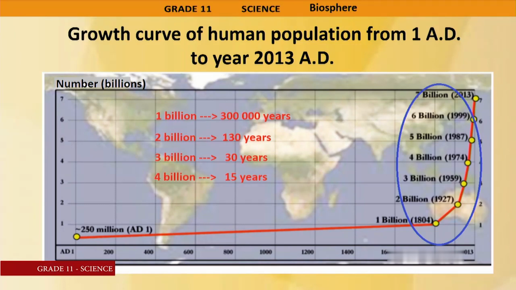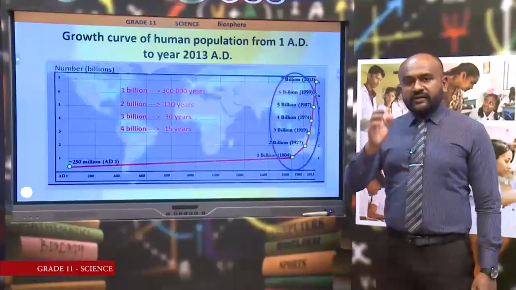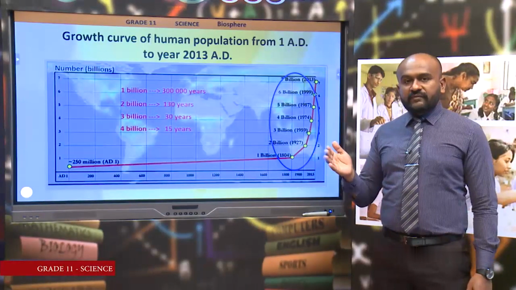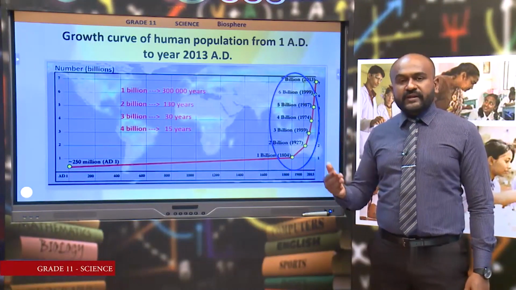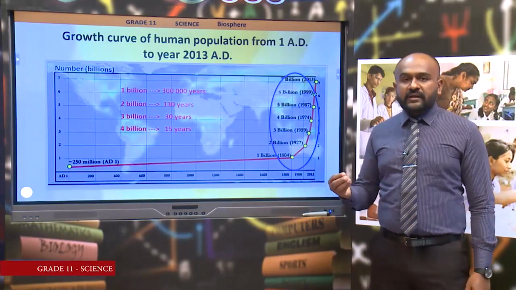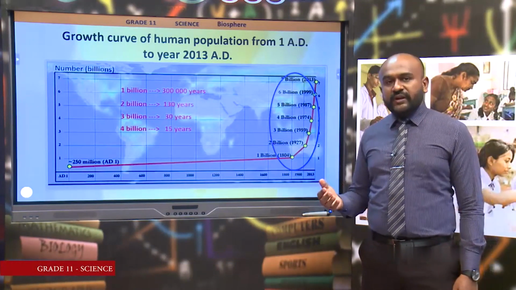Now, you can see how fast the human population has increased. Still, we did not come to the reasons. I think now you must have really got the reasons. Looking at a growth curve, we can predict the time taken to increase a particular population by a certain number of individuals. So, let us see how to do that.